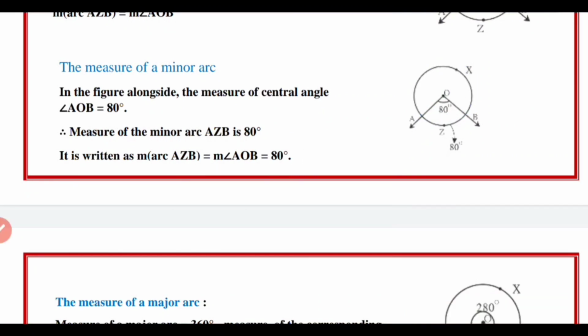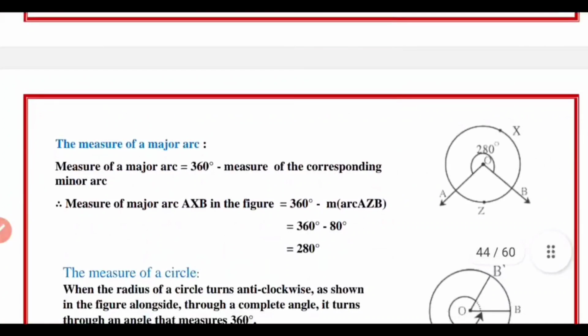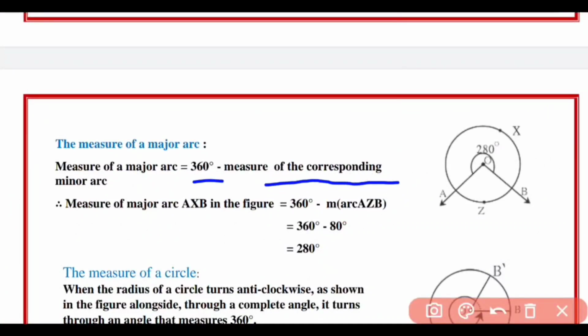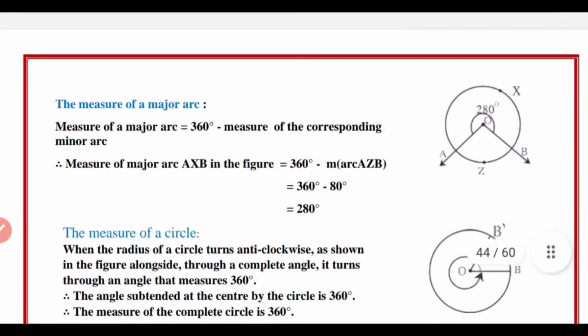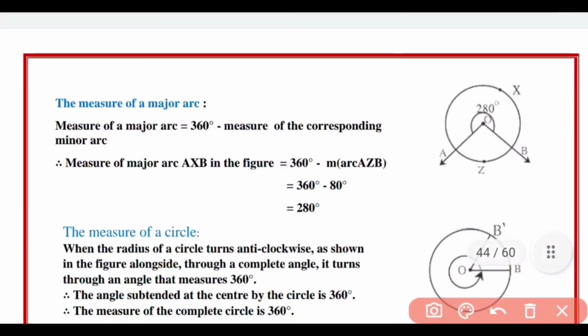We can apply this formula: 360 degrees minus the measure of the corresponding minor arc. Why 360 degrees minus? Because the measure of a complete circle is 360 degrees. So from this complete circle, we have to subtract the measure of the smaller arc. So 360 degrees minus 80 degrees, the answer is 280 degrees.